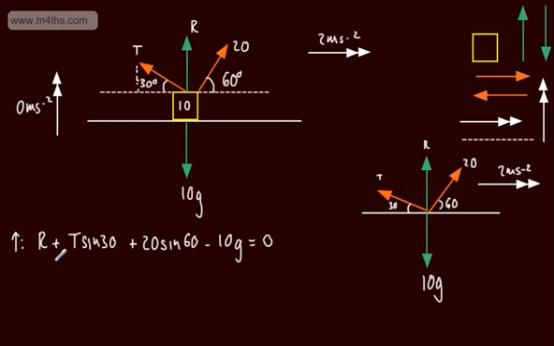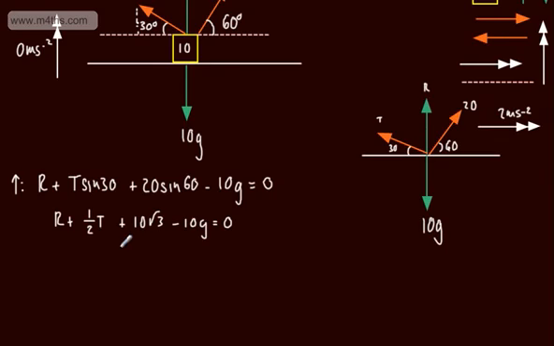So if we look at this now, I've got R plus, the sine of 30 degrees is 1/2, we've got 1/2 T. The sine of 60 degrees is root 3 over 2. So that's just going to give me 10 root 3 minus 10G is equal to 0. So what I've got now is an equation in R and T.